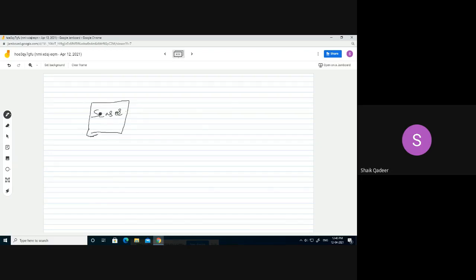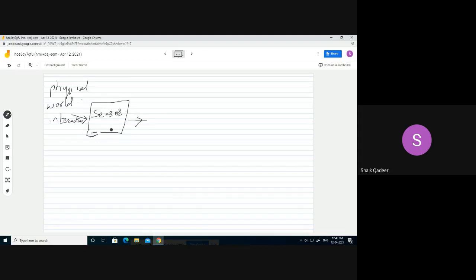Let us suppose we have a block representing a sensor, right? The input to this block is nothing but physical world interaction.